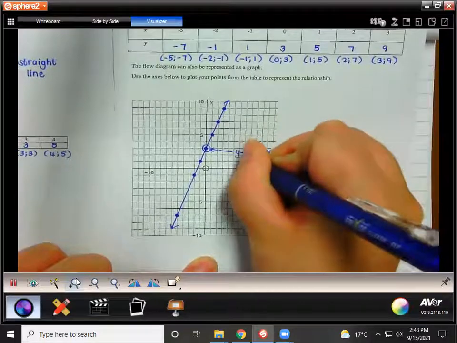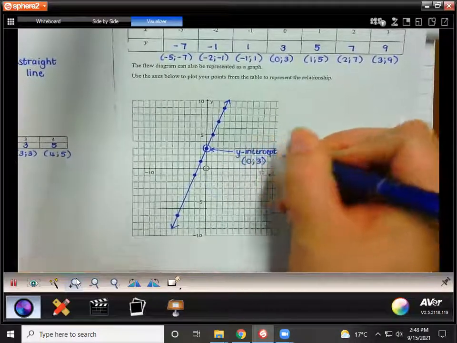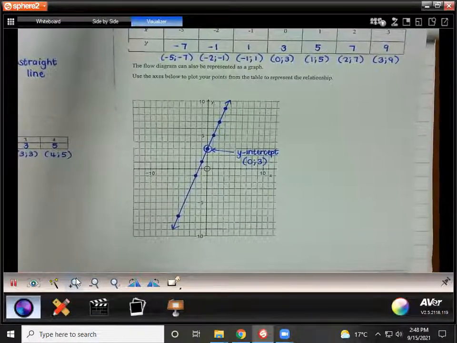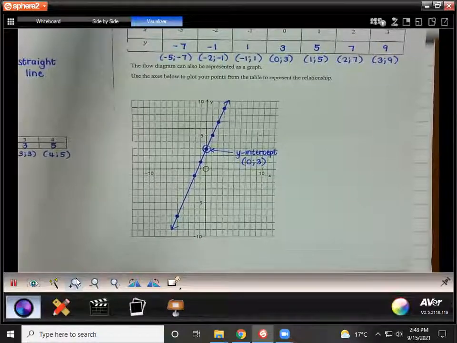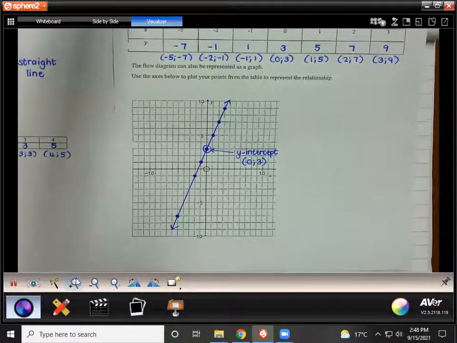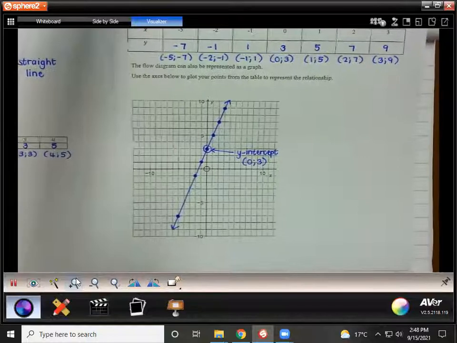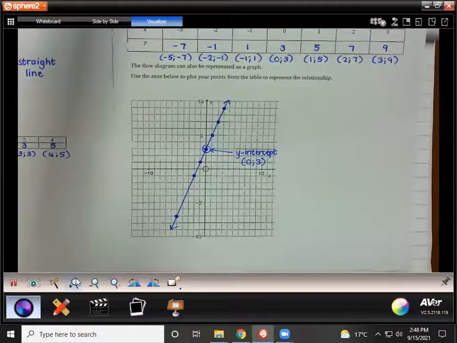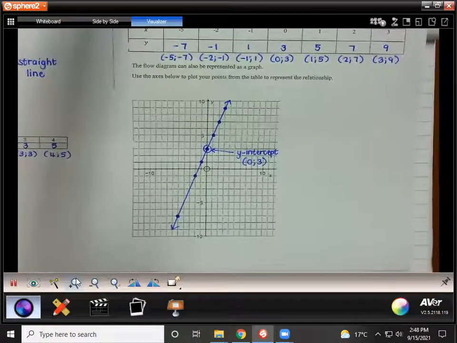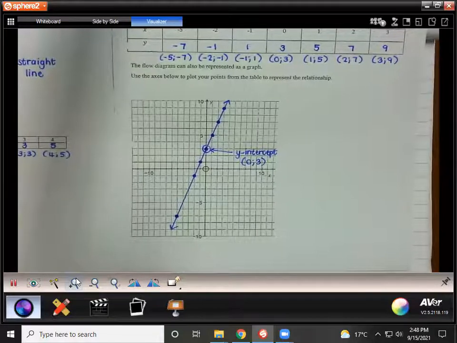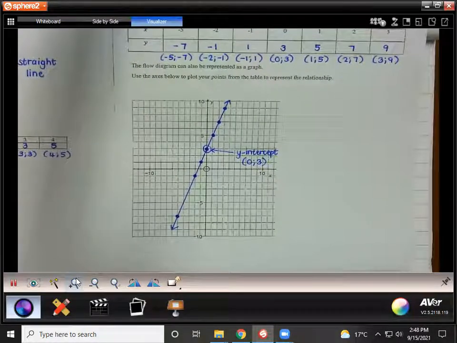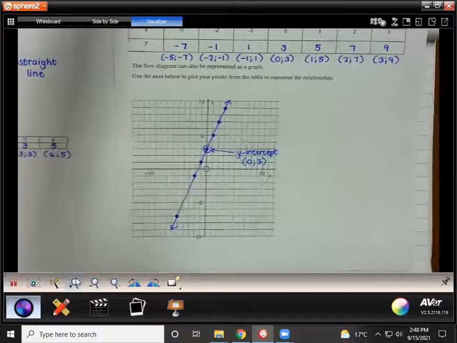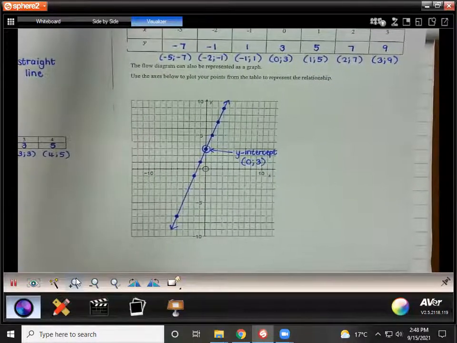And the coordinates of that point are 0 and 3. So in all 3 cases, with all 3 of these graphs, the constant term in the equation is the same as the y-intercept. And that will always happen, guys, with a straight line.